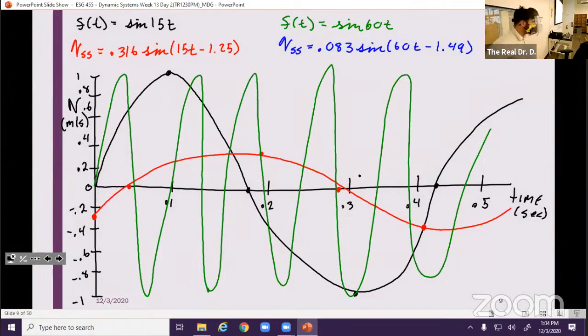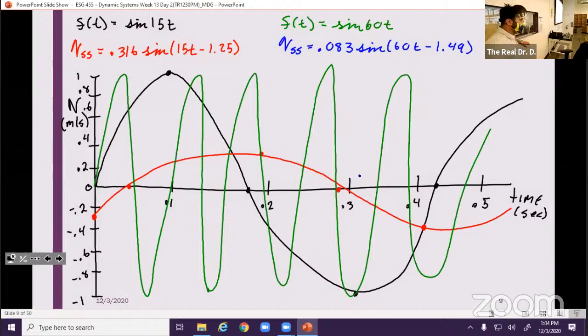Again, if you were going to plot this, I would wholeheartedly recommend doing this in Excel or even in MATLAB, right? Define your time vector, run it in MATLAB. That's the input. That's the other input. Oh, sorry. Yeah.